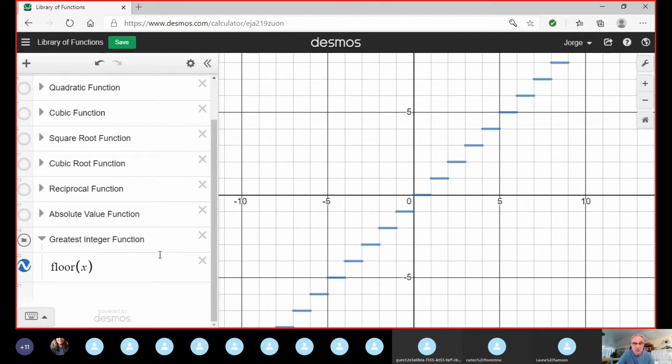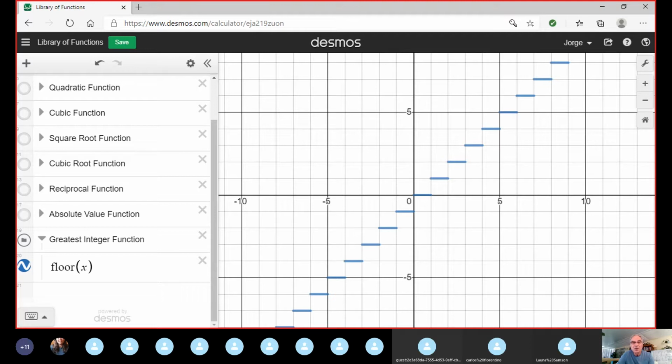I want to explain, but on the board, right? It looks like stairs. Let me explain the basic idea. It's relatively easy. The basic idea for the floor function, or greatest integer, or just integer. It's a different name for this weird function.